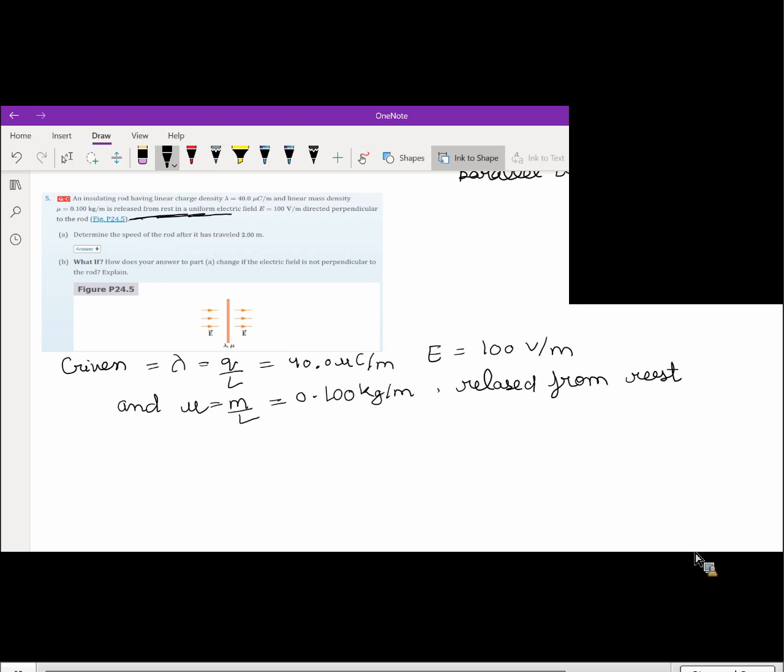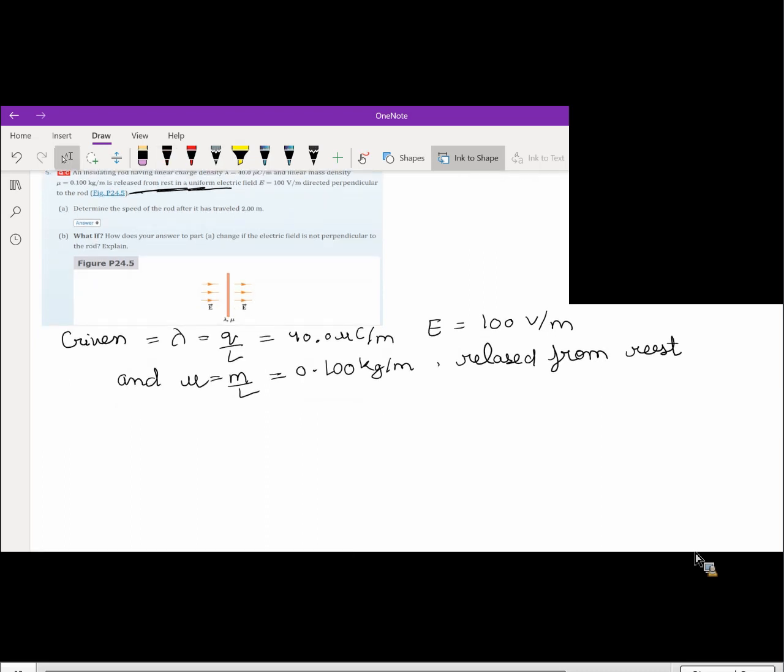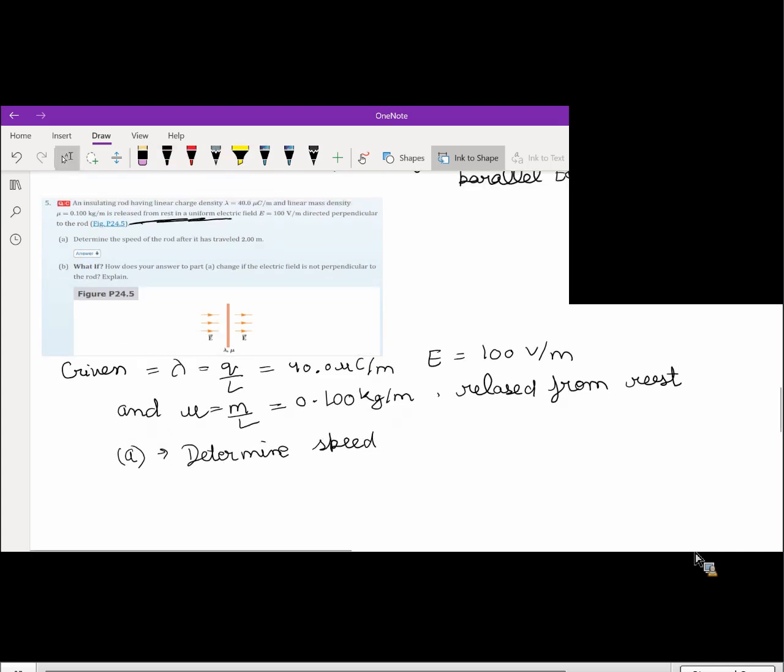Okay, so the first question says determine the speed of the rod after it has traveled 2 meters. So A, you have to determine the speed. This is an electricity and magnetism and mechanics question, so both of them are here.